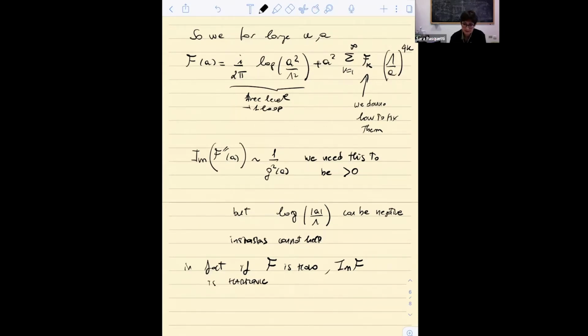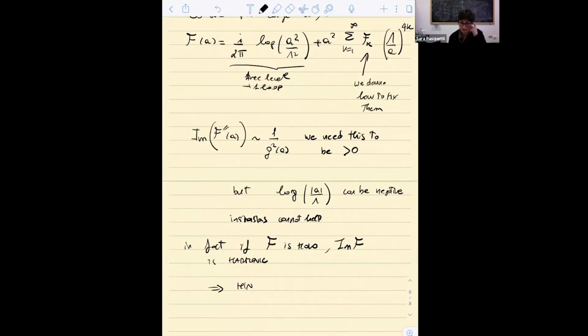And basically, you can use a theorem in complex analysis, the minimum modulus theorem, that tells you that this function cannot have a minimum. So it cannot be always positive.